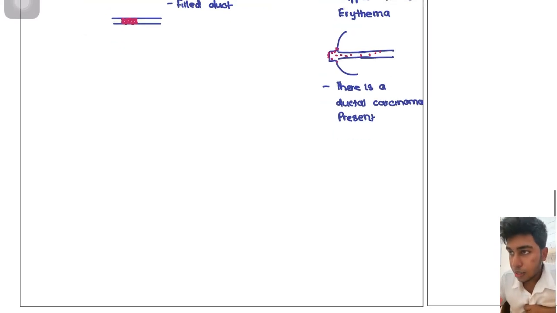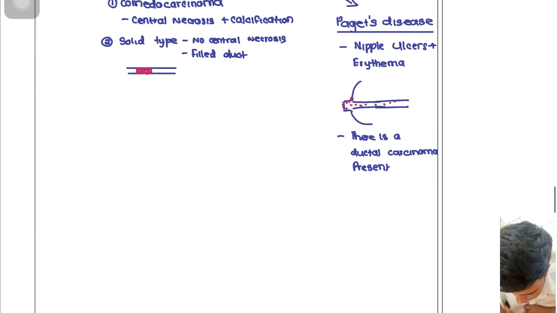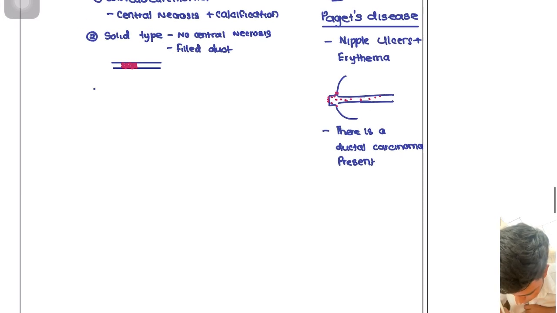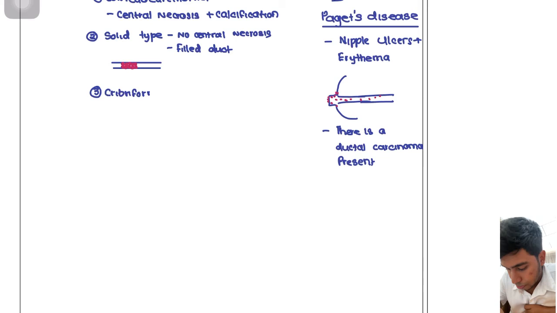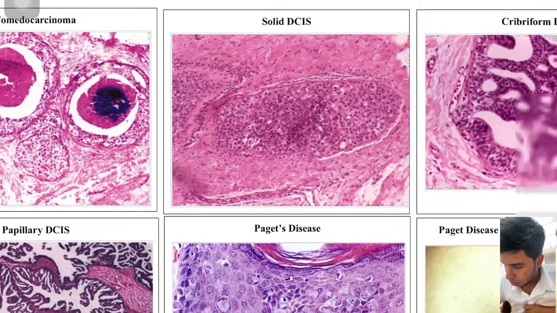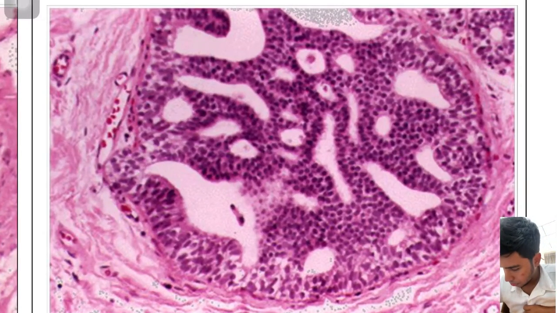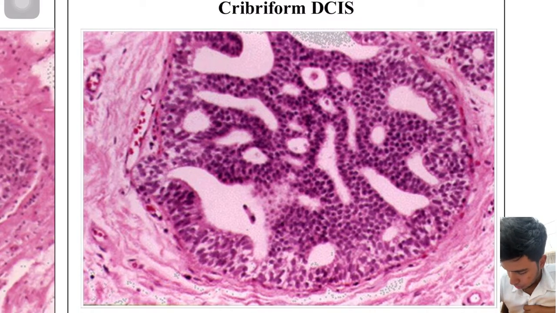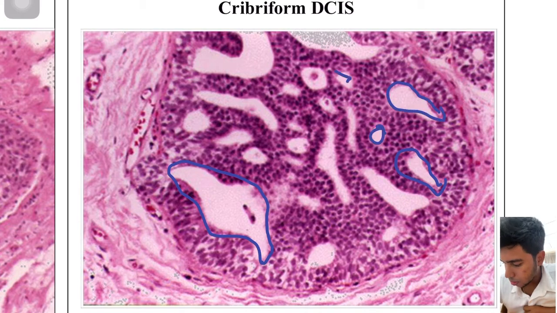Okay, next we have cribriform type. Where we get a lumen, but there are gaps. Let me show it to you. Cribriform type. So this would be the lumen, but you get these spaces between the tumor cells.